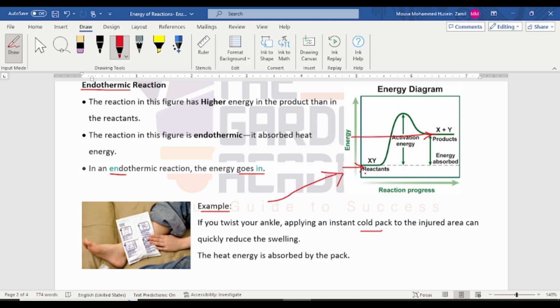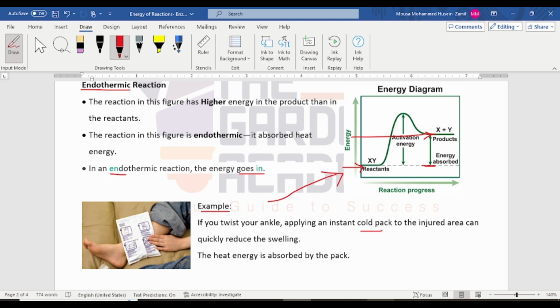So there is an increase in the level of energy for the products. So that's why we call this endothermic, and this is the amount of the energy absorbed over here from this up to this. So this is the amount of energy absorbed.